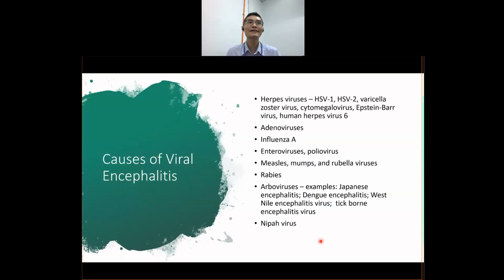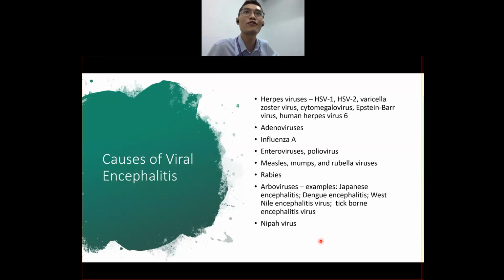So other than bacterial pathogens, viruses can also cause meningitis or encephalitis. Shown on this table are some of the common viral causes of encephalitis. Top on the list is herpes simplex virus 1 and 2, followed by varicella zoster virus, your chickenpox virus.